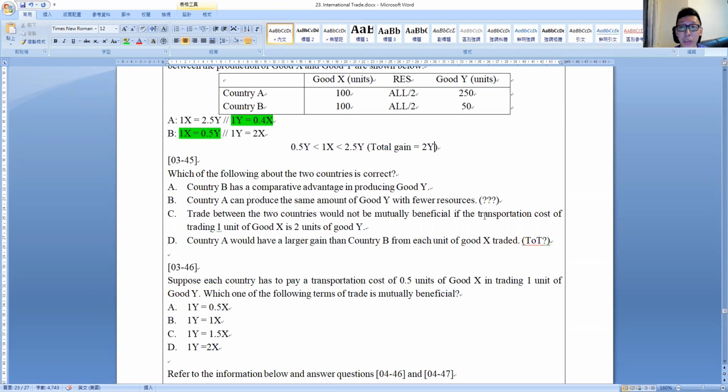Now, if the transportation cost is 2y, then you see you will have no gain at all. 我淨係賺2個 unit，但係我要俾翻2個 unit 嘅錢。So you see, there would be no gain. Therefore, it would not be mutually beneficial. In fact, I'm quite sure no one will even gain anything at all. 唔止唔 mutually beneficial 啊，it would be bad for both sides. OK，兩邊都賺唔到啊，好唔好啊？OK, so this is the way we do it.